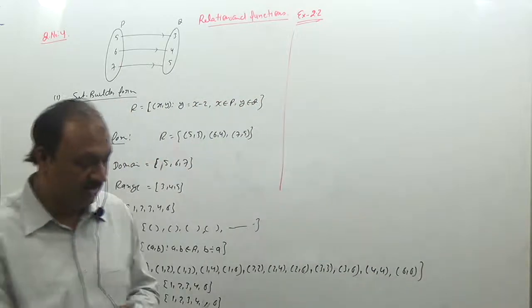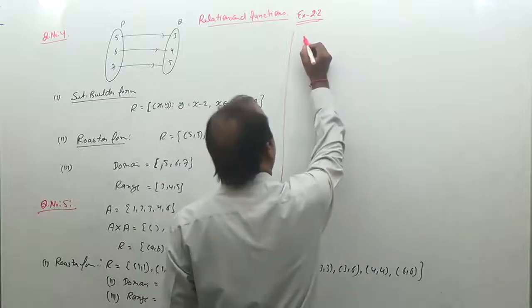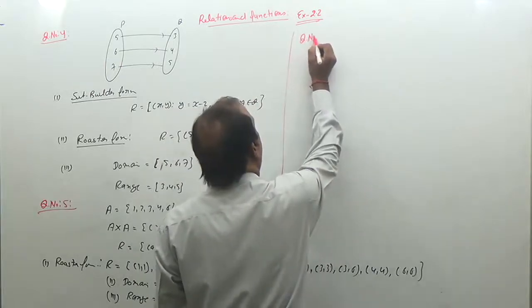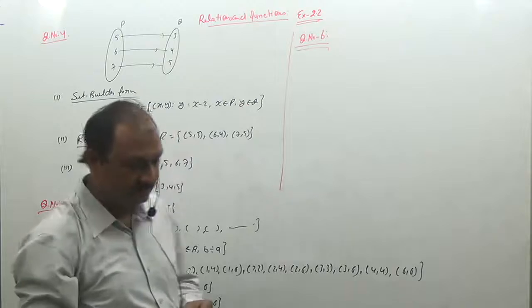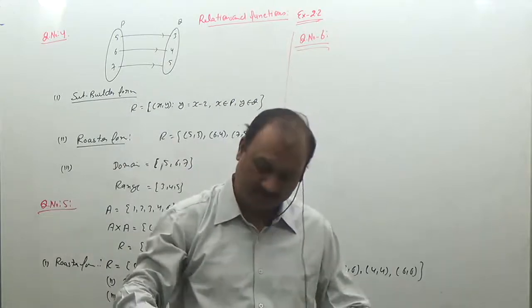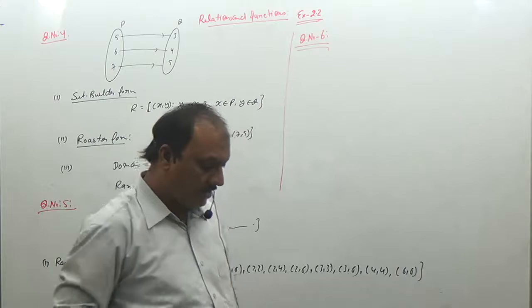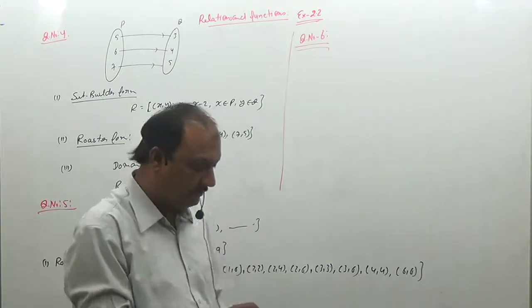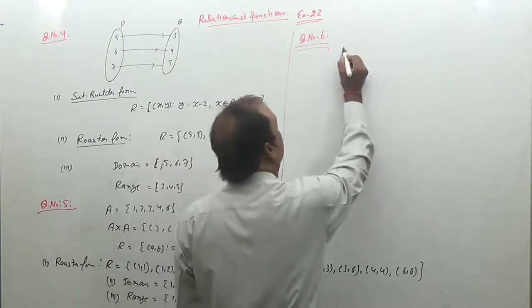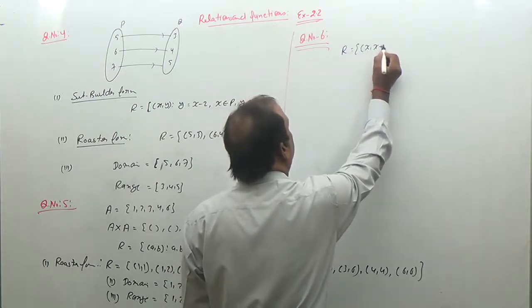So this is question 5. Next is question number 6. In question number 6, determine the domain and range of the relation defined by a relation x and x plus 5.